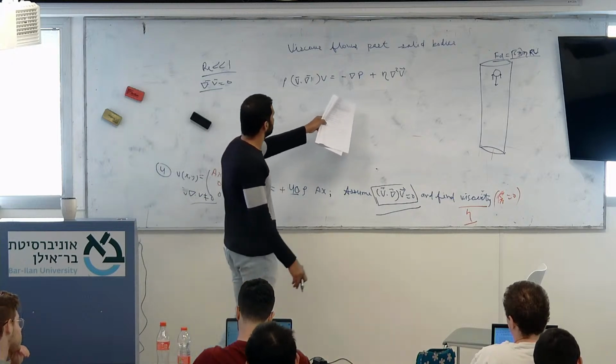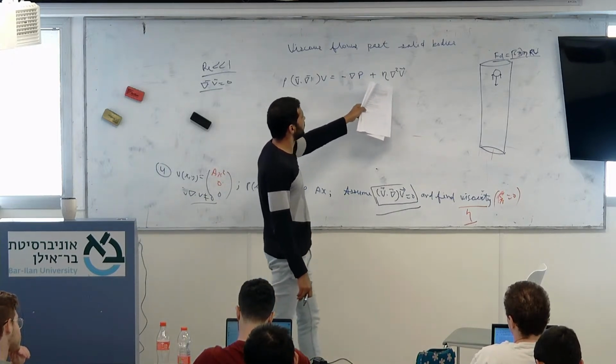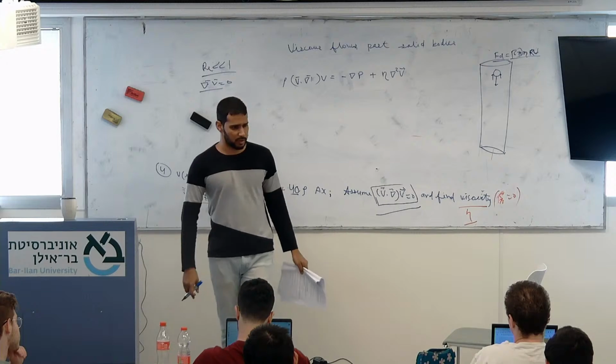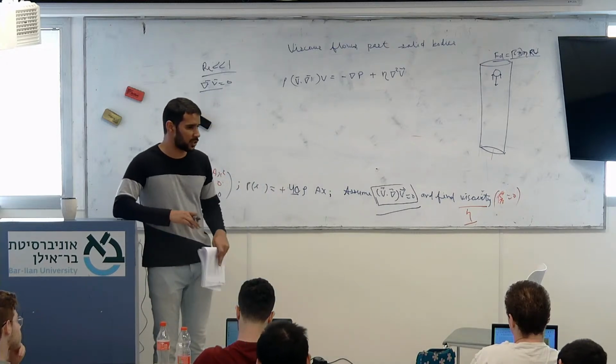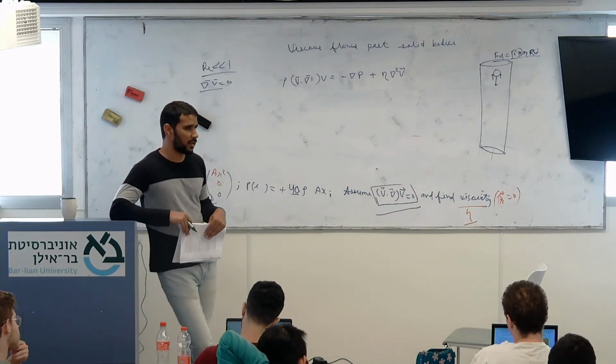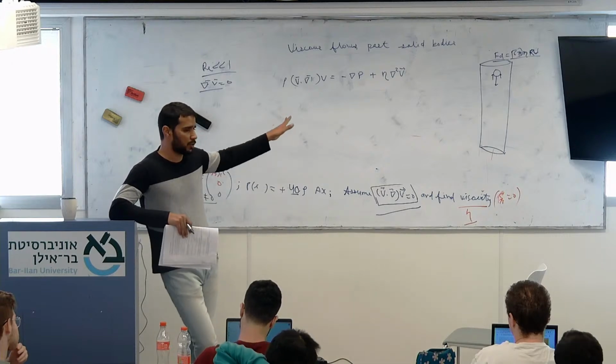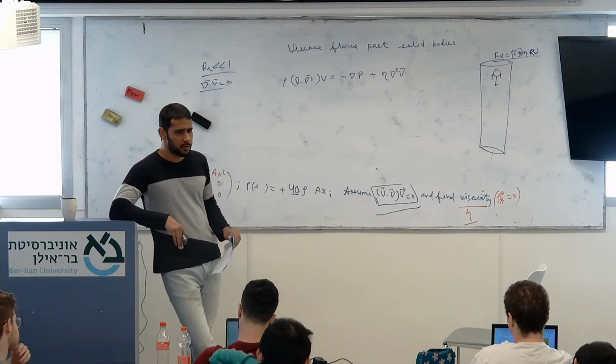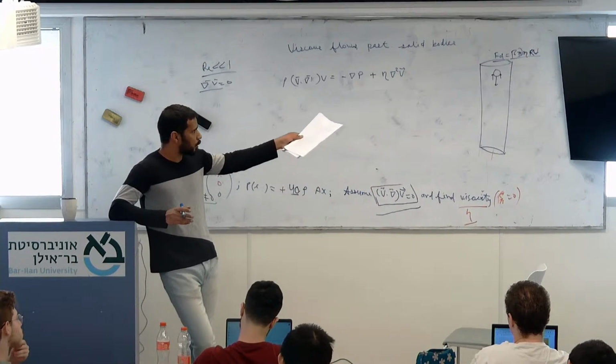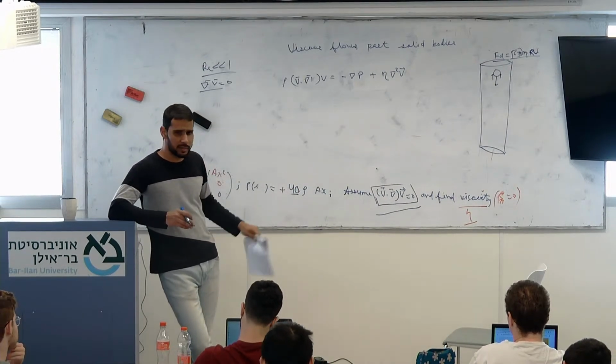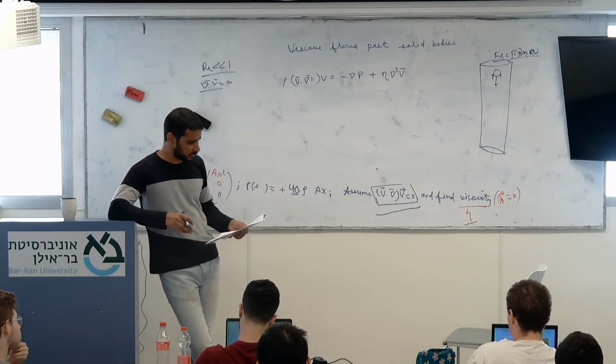You have viscosity and other terms. Bulk viscosity will also come into the picture. And I'm not sure what the solution will be, it will be complicated. So even after putting in a lot of assumptions, it is still mathematically complicated.